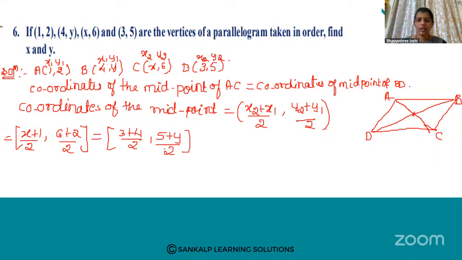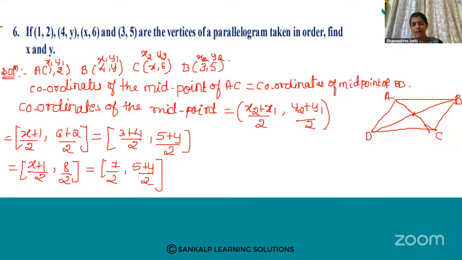Now, dear children, this is x plus 1 divided by 2 and 6 plus 2, that is 8, divided by 2, is equal to 7 by 2, then 5 plus y divided by 2. This is the value of x and this is the value of y.